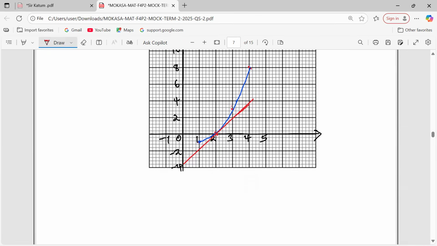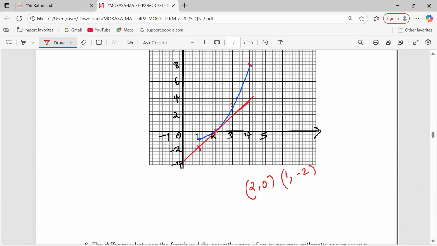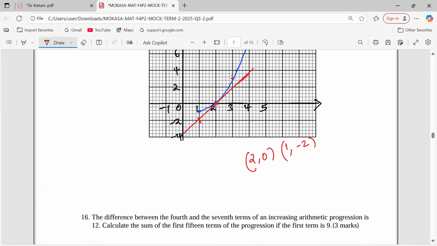We just pick any coordinate, like 2, 0, and we can also pick another coordinate like 1, -2, a coordinate that passes through the line. So how do we get the gradient? We'll be talking about 0 minus -2 over 2 minus 1. So this is going to be +2 over 1, which is just 2. So the gradient is 2.